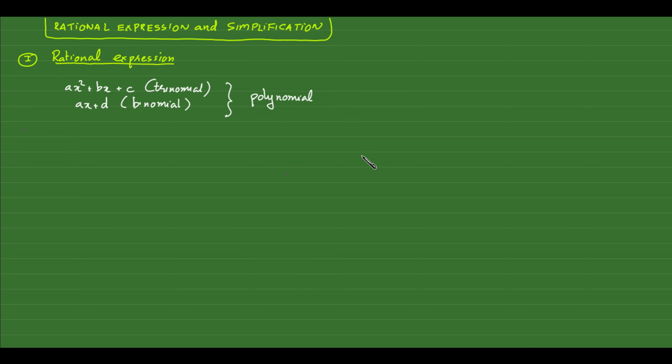So what is a polynomial? You never learned what a polynomial is, but we just learned the trinomial, which is a typical example of a polynomial. A polynomial contains n terms with n degree.